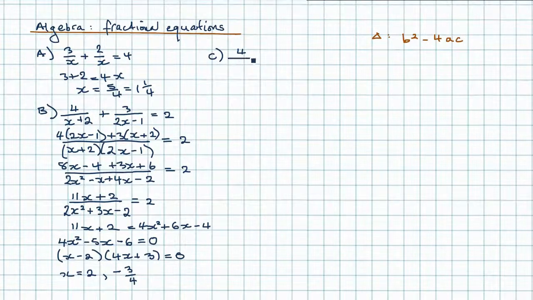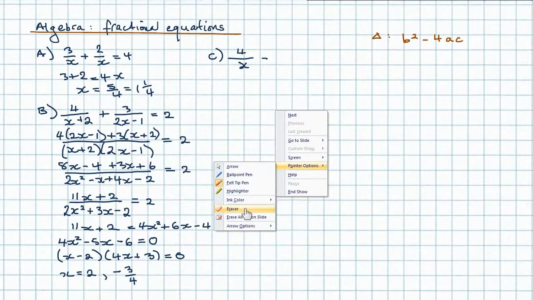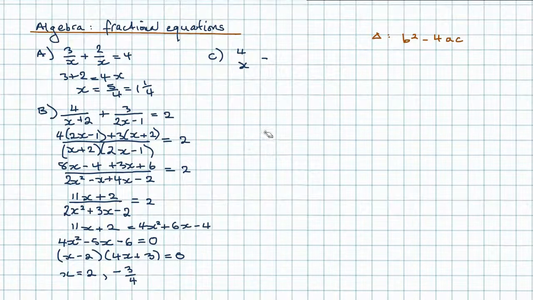So let's try, yeah, let's just have 4 over x minus 3 over 2x plus 3, equal to 1. I'm deliberately putting it equal to 1 because it will make things easier.